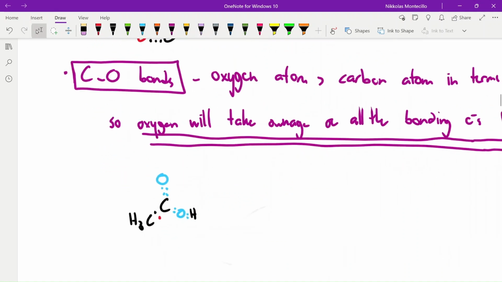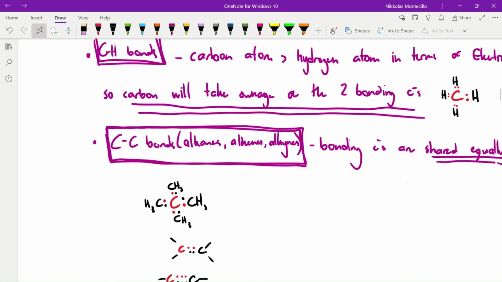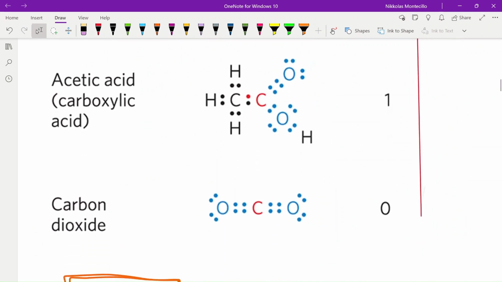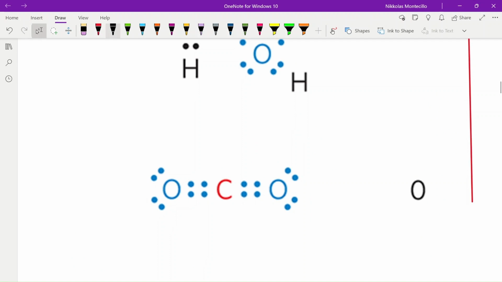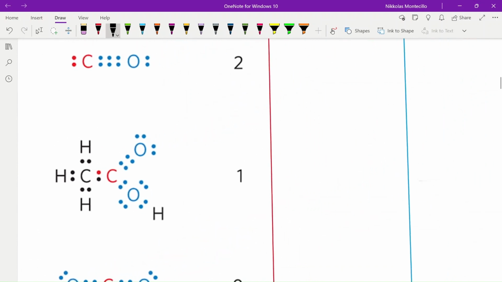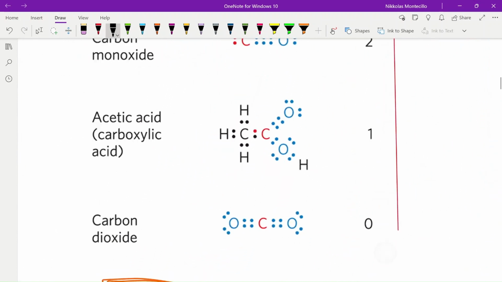So in carbon dioxide, or CO2, although the carbon atom is participating in two double covalent bonds with oxygen, all those electrons belong to oxygen and none of them belong to carbon. Hence the reason why it has such a high oxidation state.